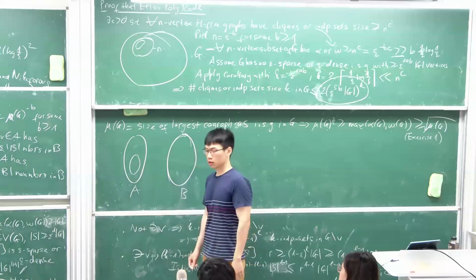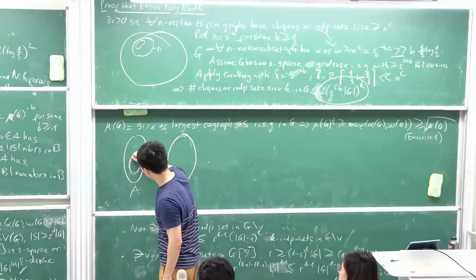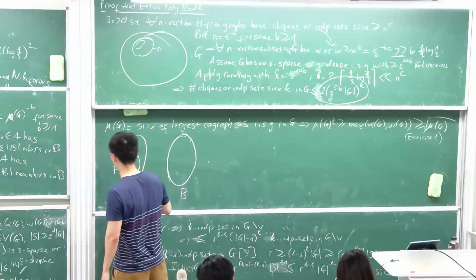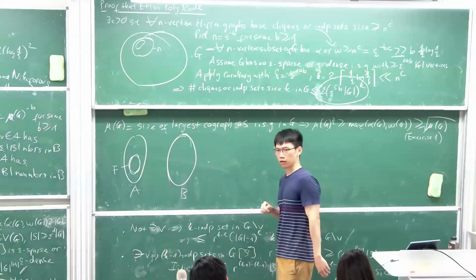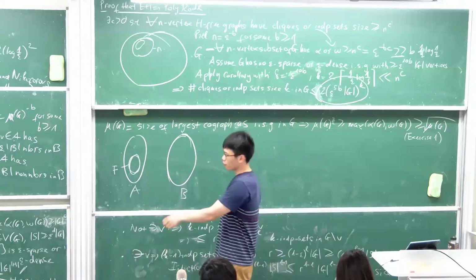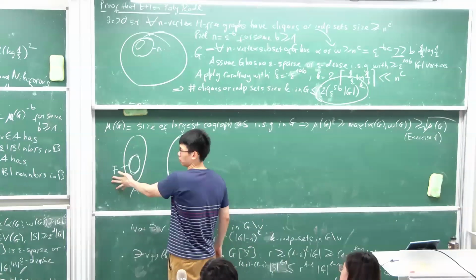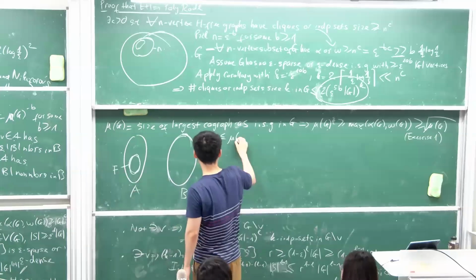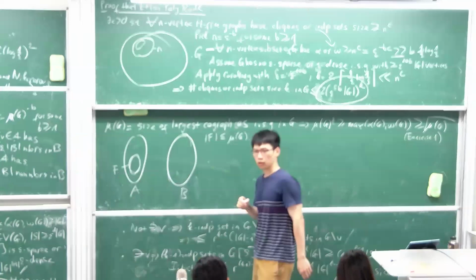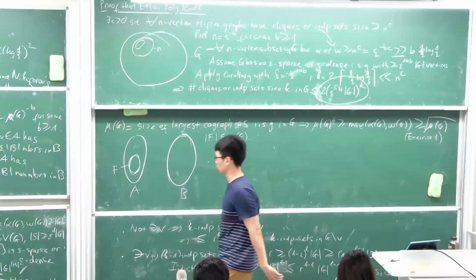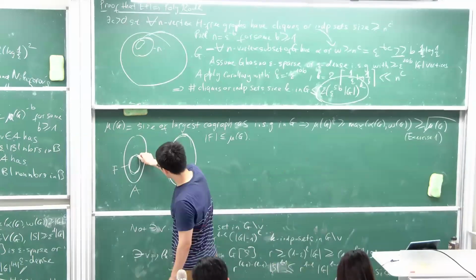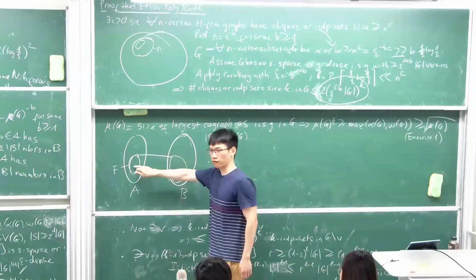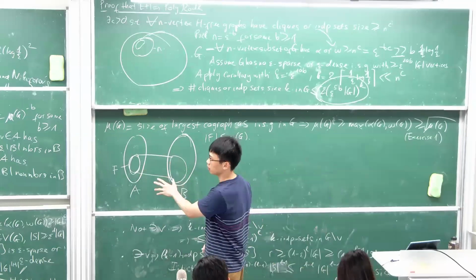Let me say this is F, which is a cograph. The point here is F cannot be bigger than the largest cograph in G, so of course F has size at most mu(G). Okay, no problem. Now I'm going to look at the set of vertices in B with a neighbor in F. And here I am assuming that A is epsilon sparse to B.